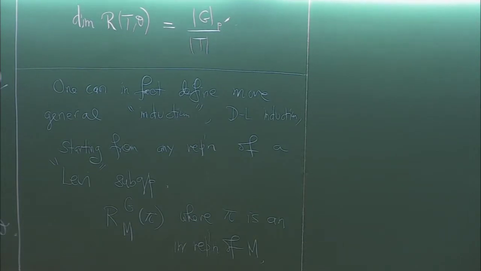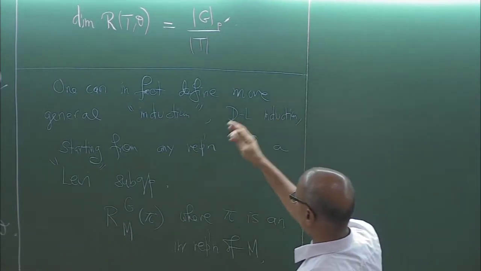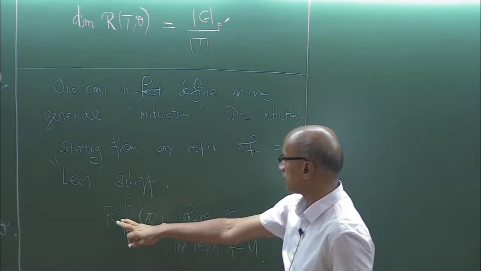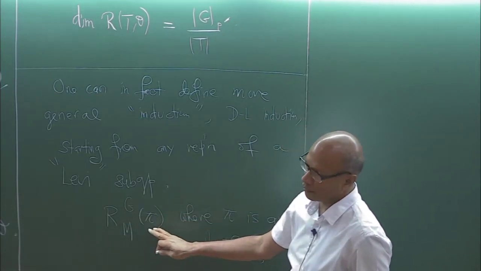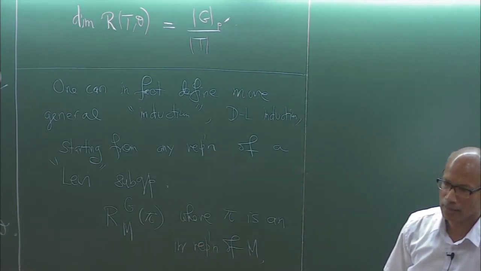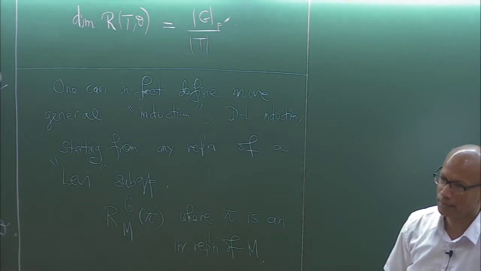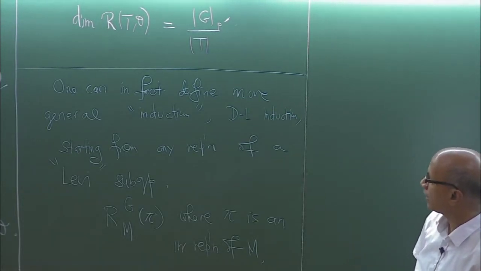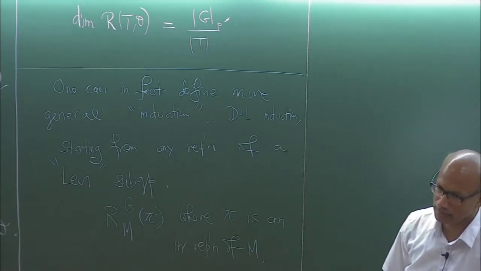So that R_T^θ, somehow this is just like that notation for parabolic induction from P to G of a representation. This is a slightly different induction, but it is an induction.